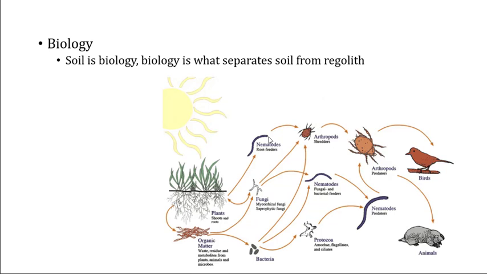The reason we have thick coals is because this decomposer community was not as efficient back then as it is now. And so plant material accumulated, turned into peat, was compressed and turned into coal.